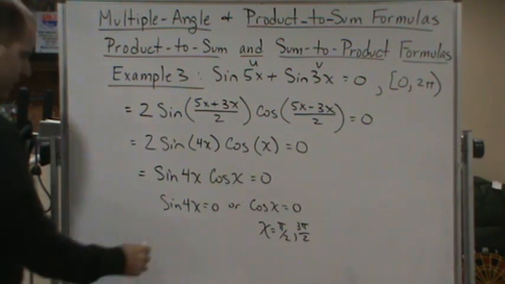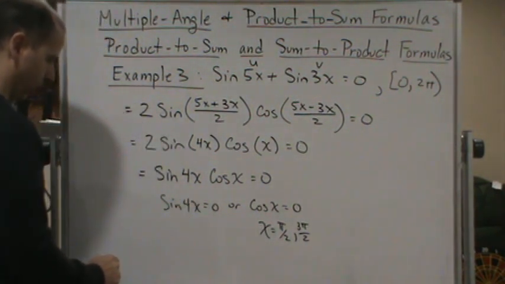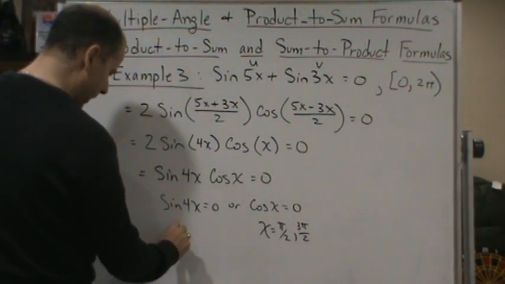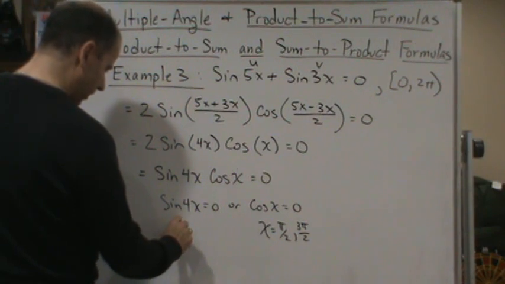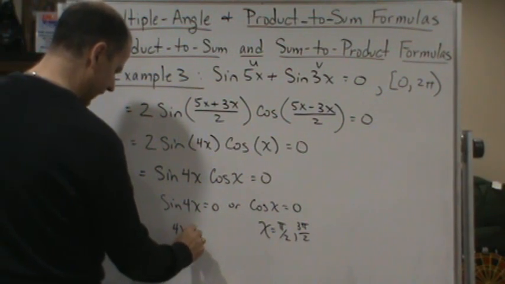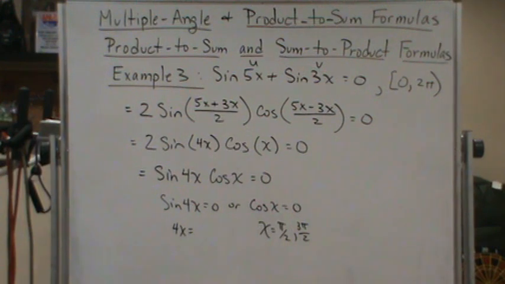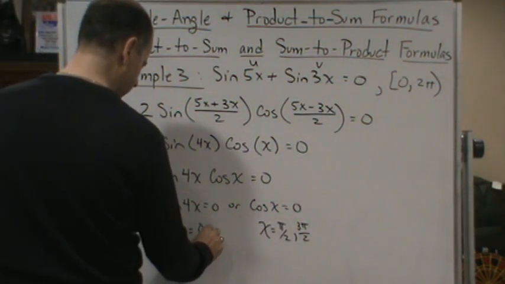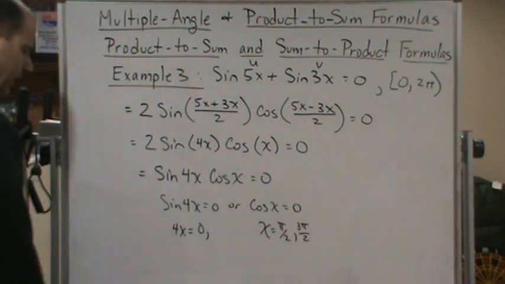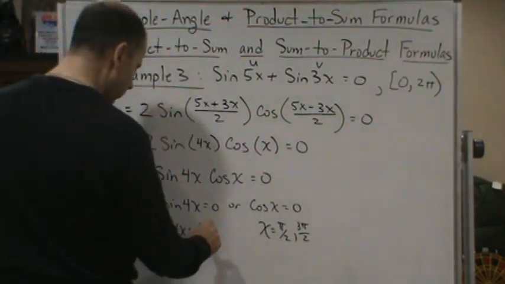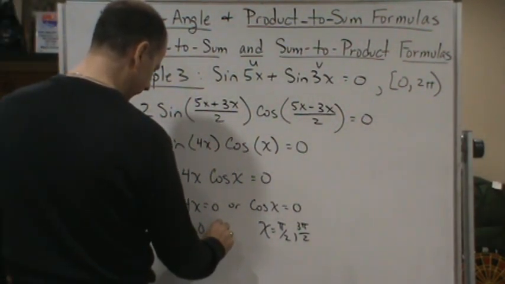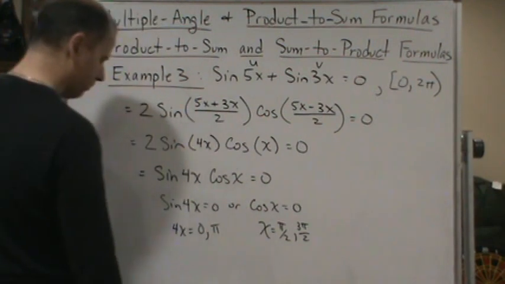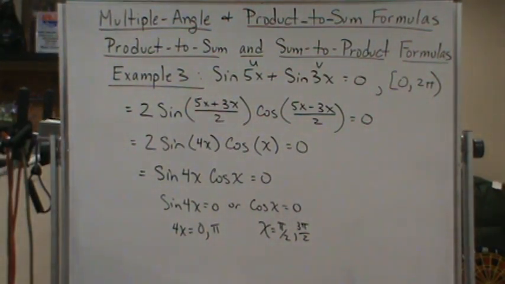Now, when is sine of 4x equal to 0? Well, that means when 4x equals, when is sine equal to 0? Well, at 0 and pi. Right?